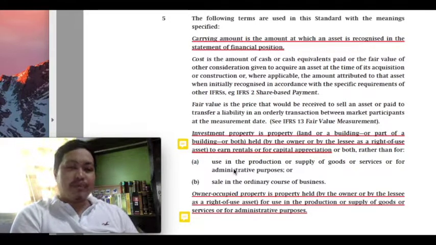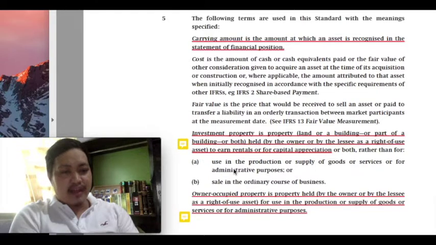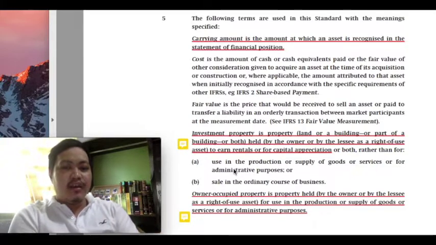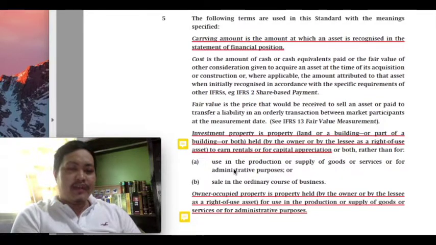If it's an investment property, class, meaning it's held for rental, then it will not be the owner that will be occupying the property. And if it's held for capital appreciation, class, the common understanding there is that no one is occupying the property at all. If it's held for rental, somebody else is occupying. If it's held for capital appreciation, nobody is occupying. And that is the logic behind the use of the term owner-occupied property.